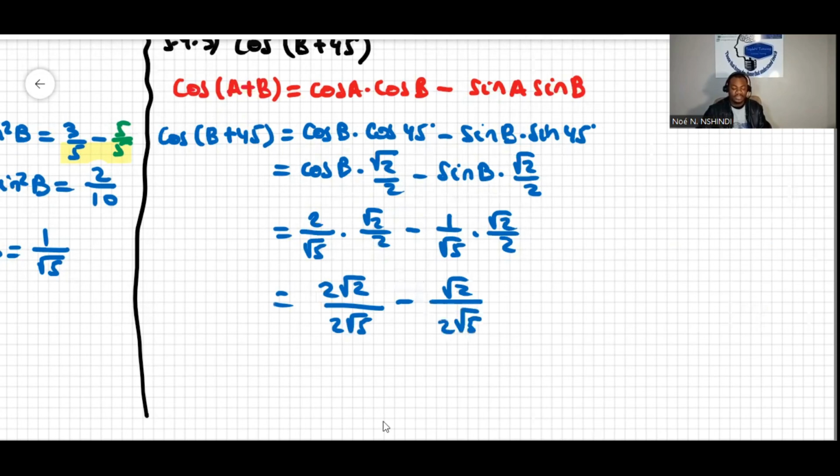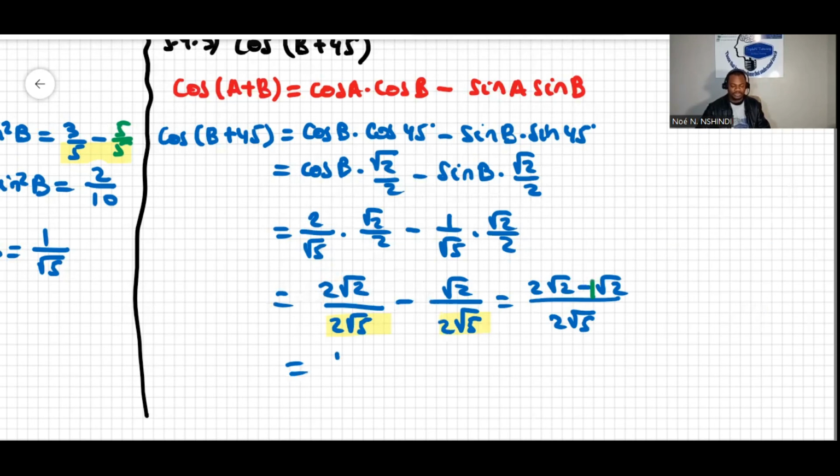Now that the denominators are common, we can just work out the numerator. So it's going to be 2 root 2 minus root 2 over 2 root 5. So 2 root 2 minus 1 root 2, because root 2 is like 1 root 2, is just equal to 1 root 2.